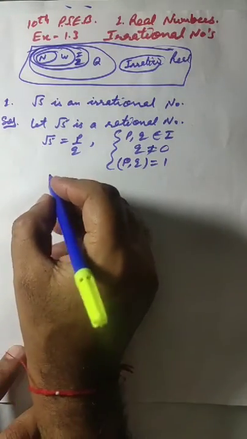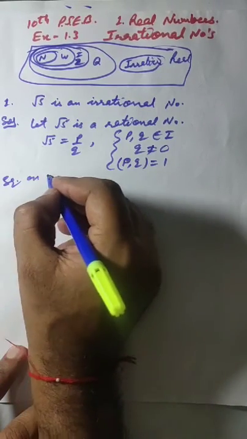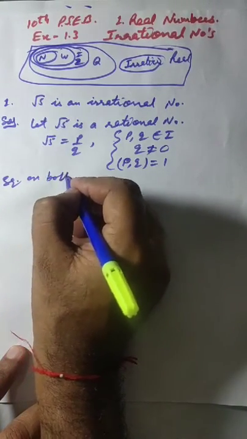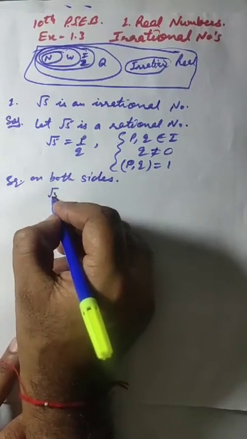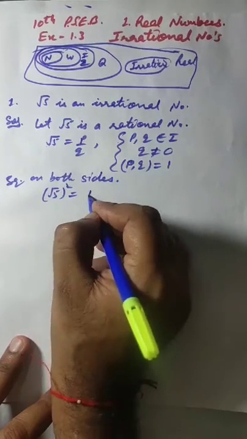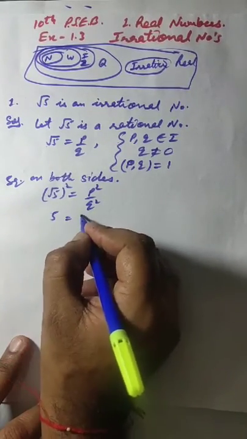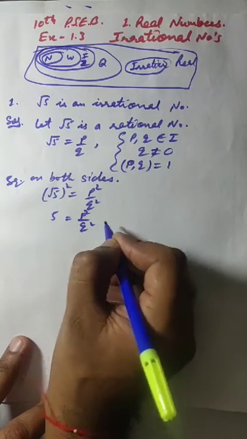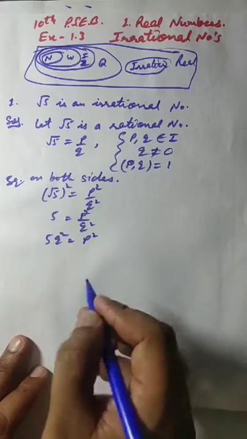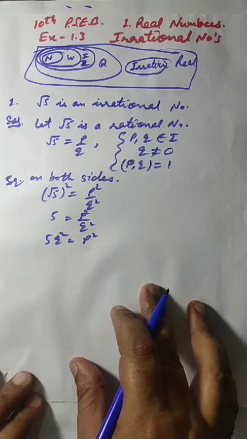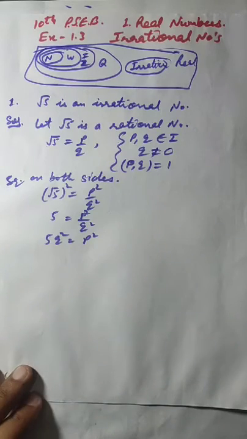Now let us solve this. Taking the square on both sides, we get root 5 squared equals p squared divided by q squared. This becomes 5 is equal to p squared by q squared. So 5q squared is equal to p squared. Here, as we can see, on the left hand side, q squared is multiplied by 5.